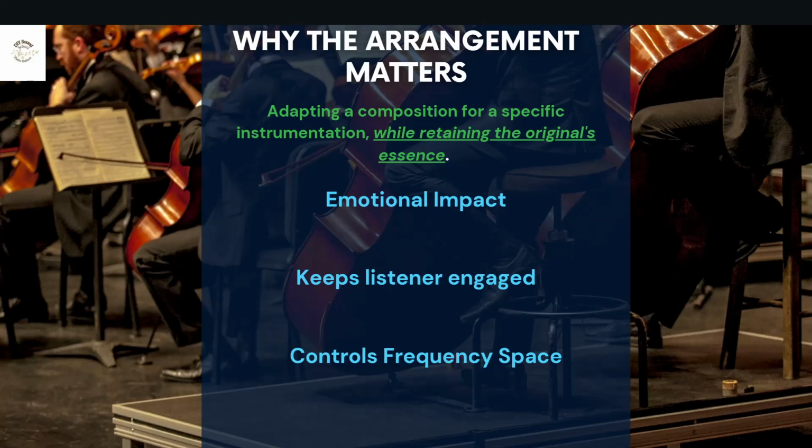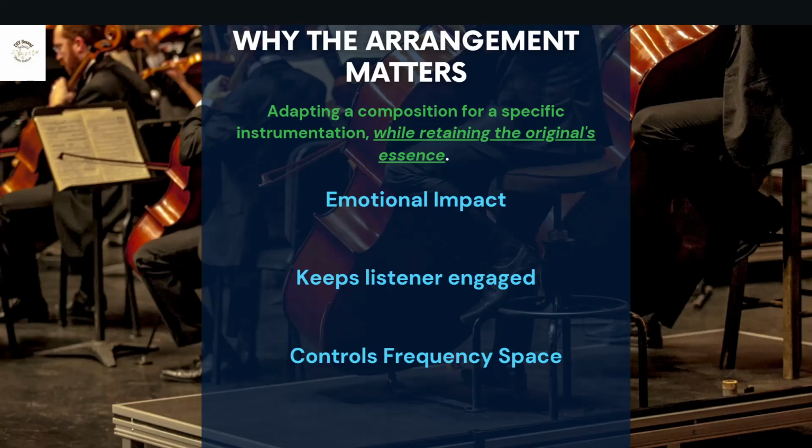And that will create emotional impact because the strings have been chosen as the element in the arrangement to push forward with the melody. We need to understand exactly how those instruments work together, and basically understand each one of the instruments or the set of instruments we're talking about.